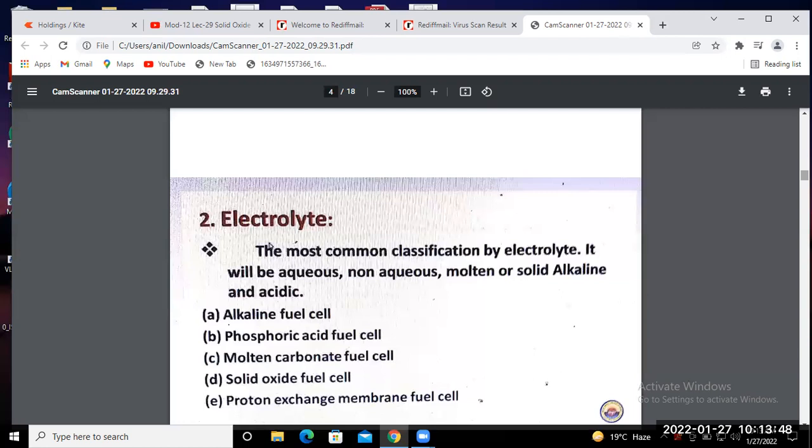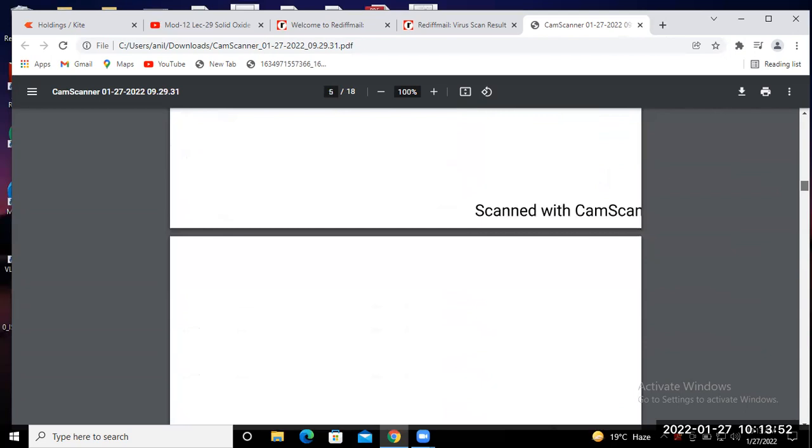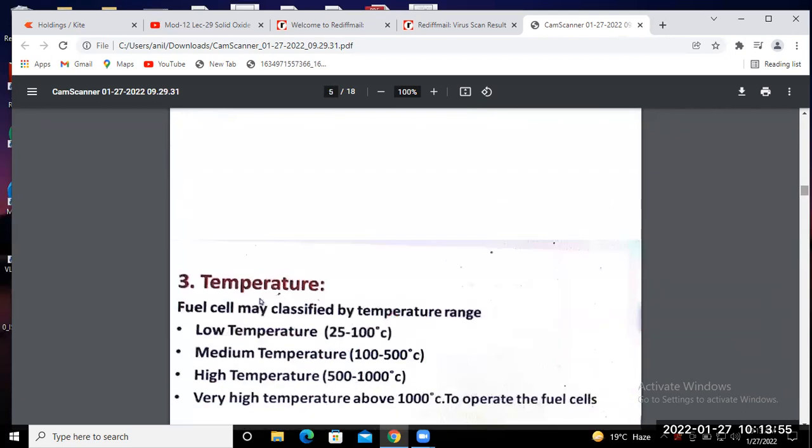Next, we concern about the temperature. We already classified some points about the classification of fuel cells, the alkaline fuel cell and phosphoric acid fuel cell.